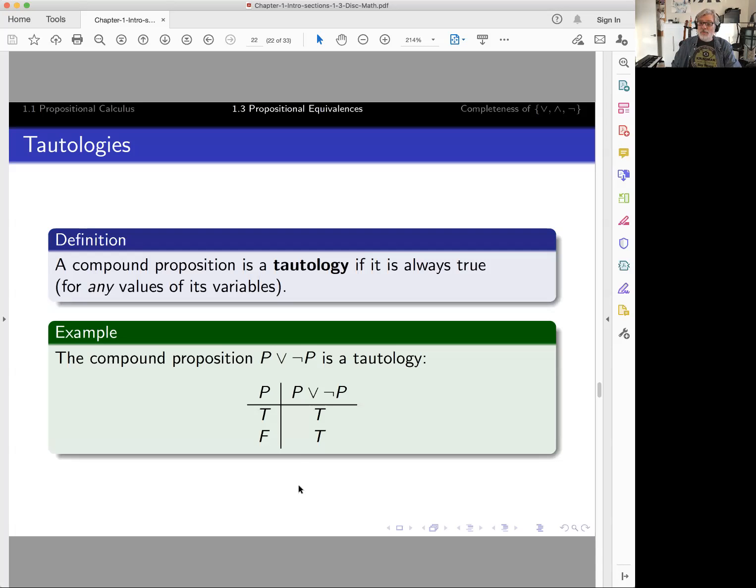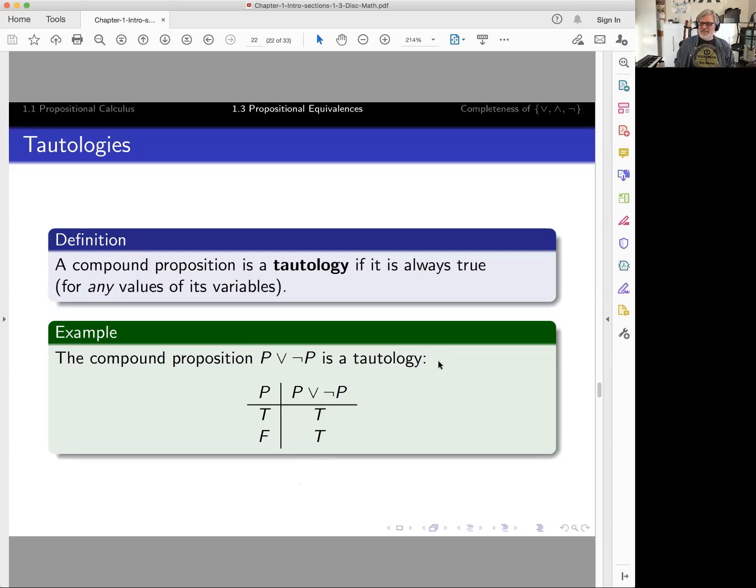Here's an example of a compound proposition which is a tautology: P or not P. This is always true. Whatever the value of P is, P or not P is a tautology. In terms of reasoning, what this says is that either a statement is true or it is false.